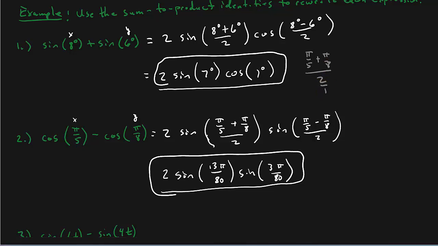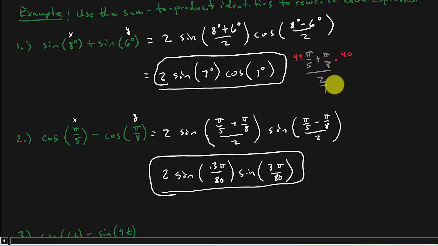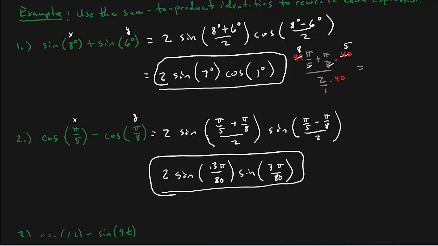And what we do is we look at each one of these denominators, the 1, the 5, and the 8. And we get a common denominator, and the common denominator is 40. So we're going to multiply each term by 40. And so that's going to give us, well, look at this. The 40 and the 5 cancel, we're left with 8. The 8 and the 40 cancel, we're left with 5.